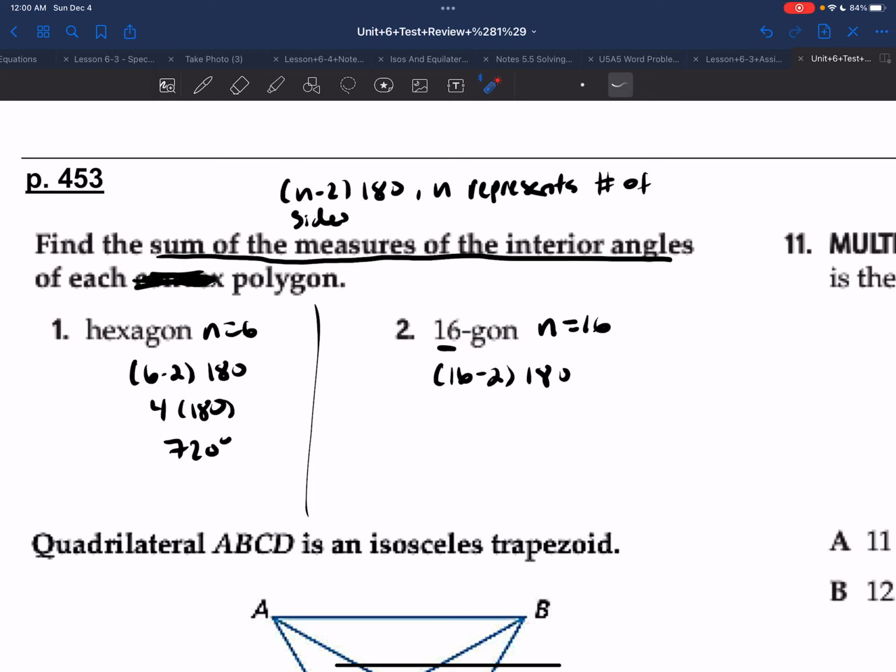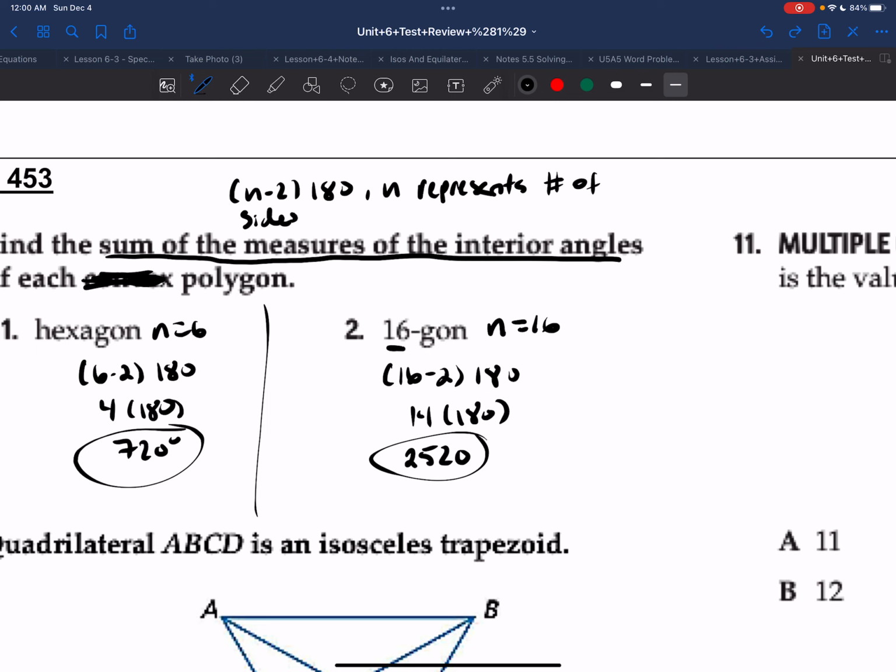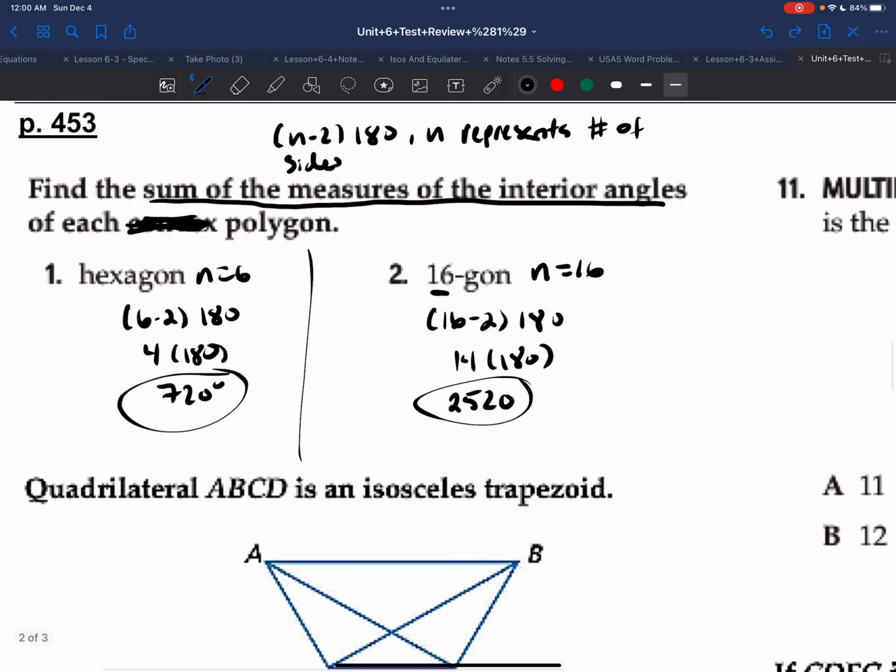So you're going to do 180 times the number of triangles. So 14 times 180, which is 2,520. That is the answer after you put it in the calculator. Okay? All right, let's move on.